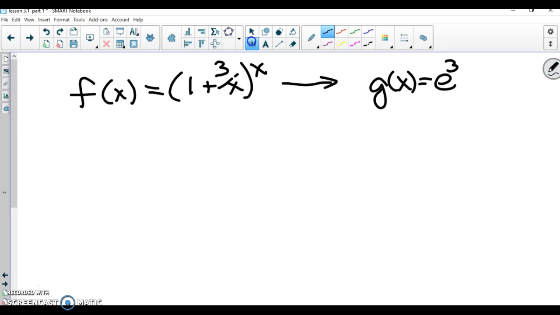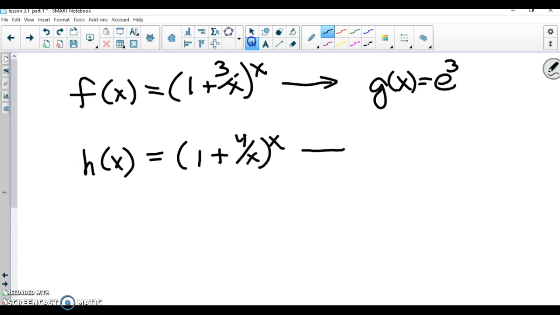And let's go ahead with h of x. Let's say something that fits on our screen. Let's just go with the next one: 1 plus 4 over x to the x power. And compare that to the function q of x equals e to the 4th.